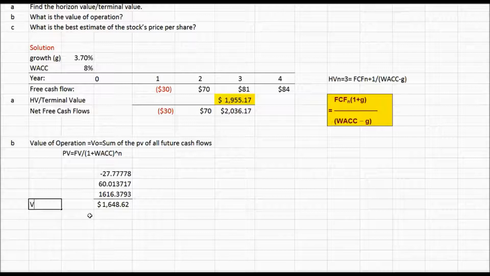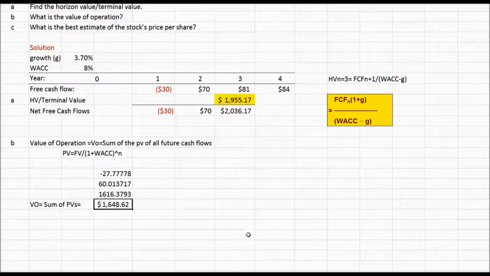The value of operation equals this number, the sum of the present values. So the value of operation in this case is 1648.62.